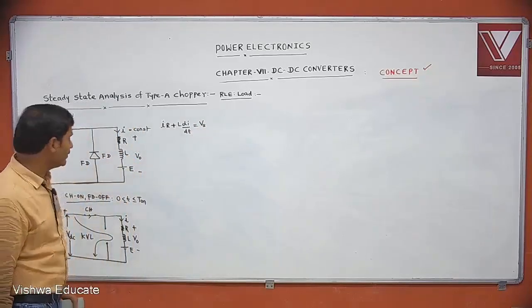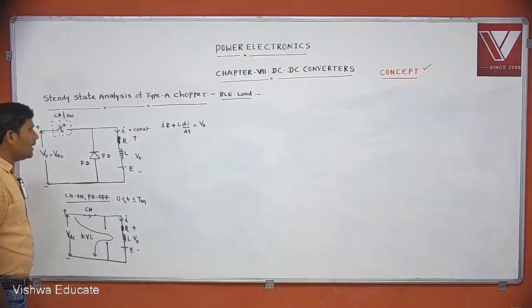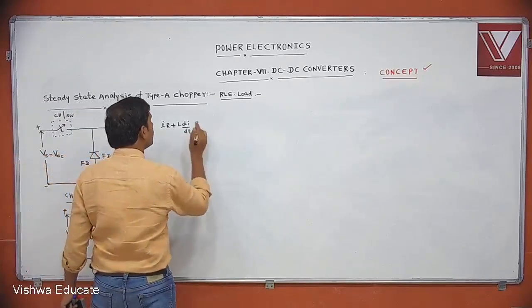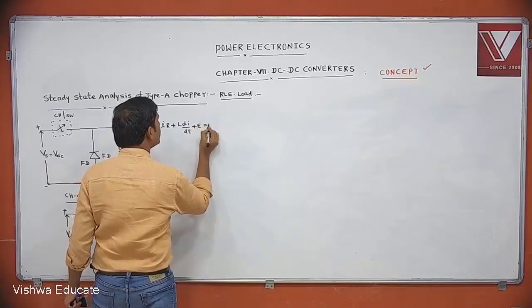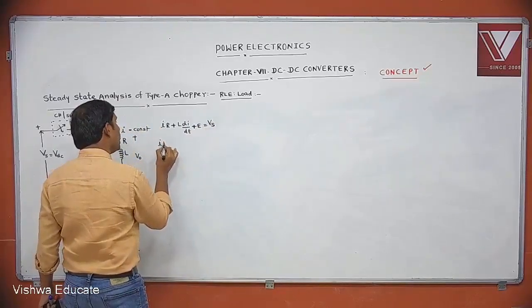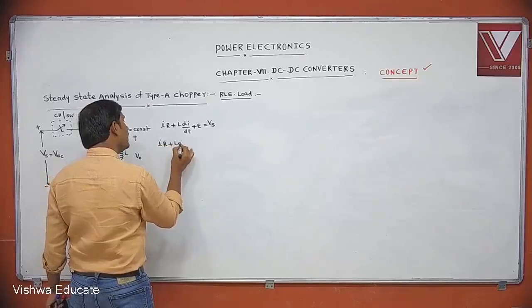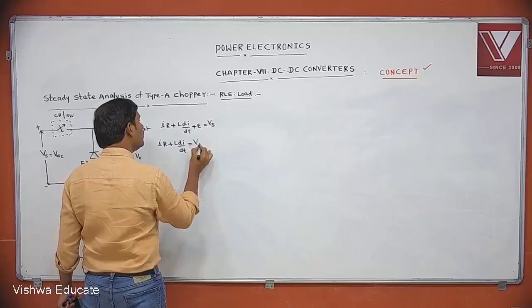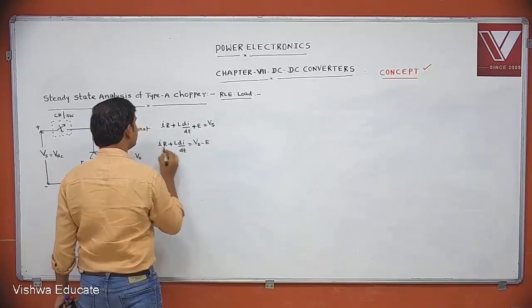This is Vs. I into R plus L into di by dt plus E is equal to Vs. Then from this, what do you write? I into R plus L into di by dt is equal to Vs minus E.